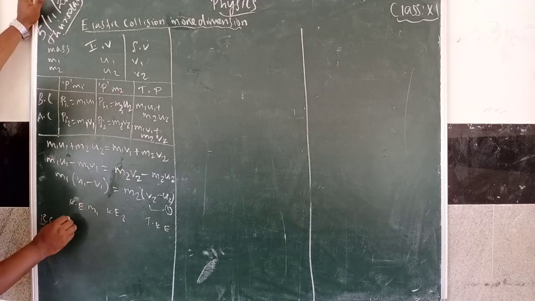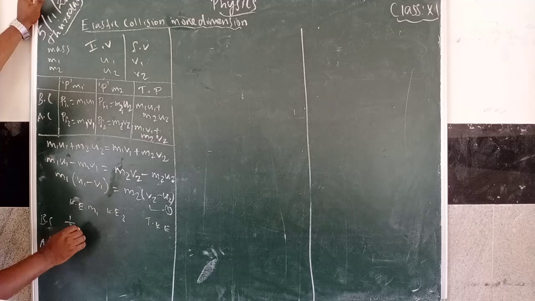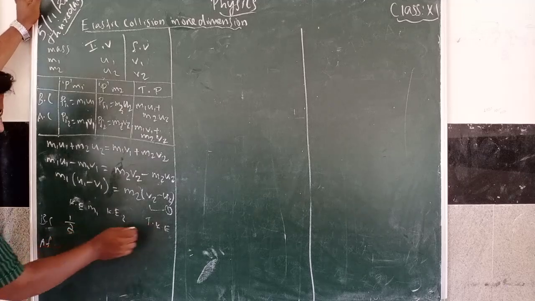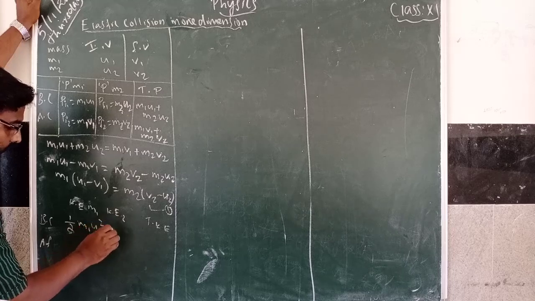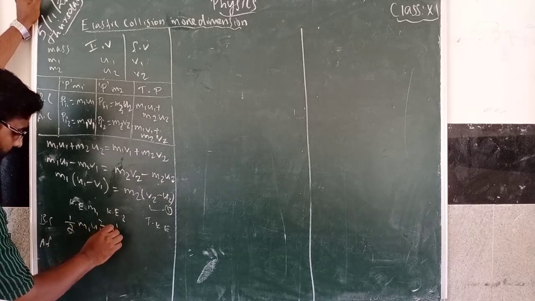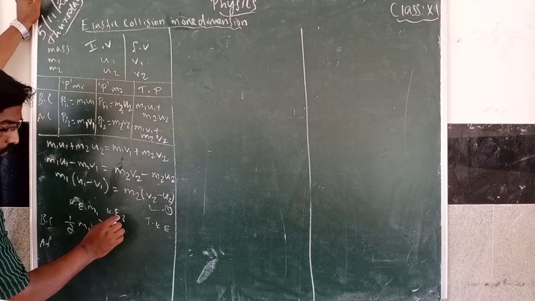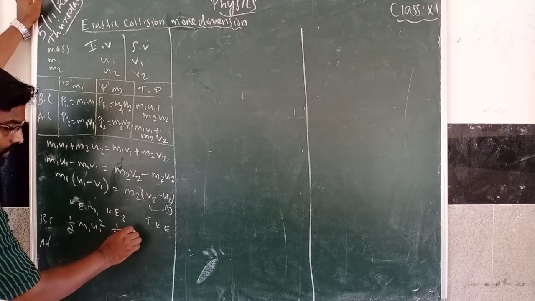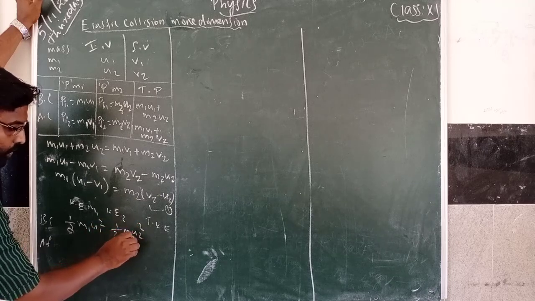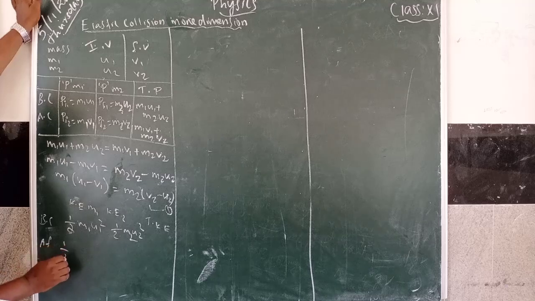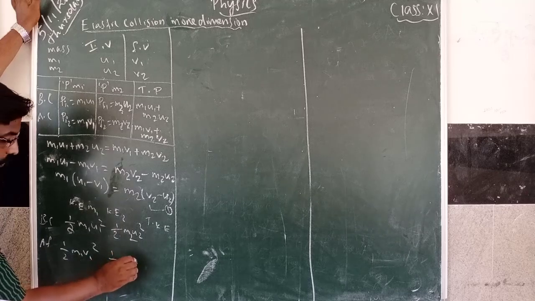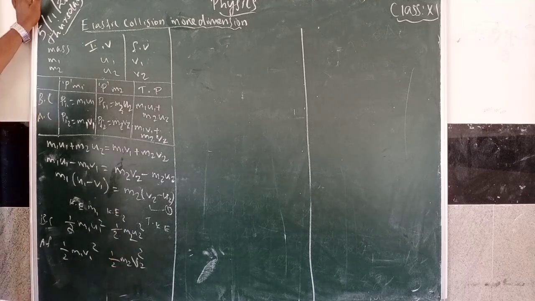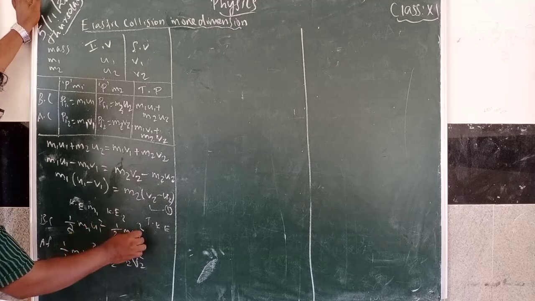Before collision you will get half m1 u1 square, and for mass m2, half m2 u2 square. After collision, half m1 v1 square and half m2 v2 square.